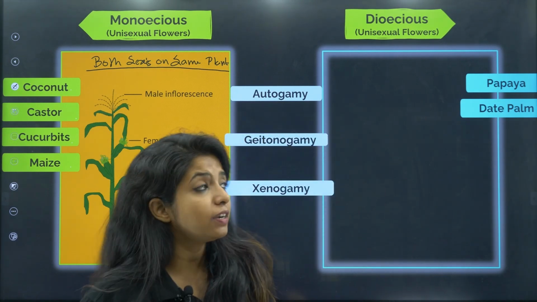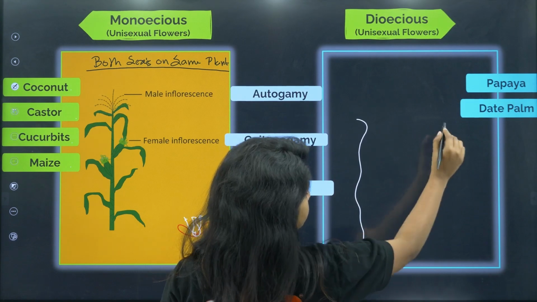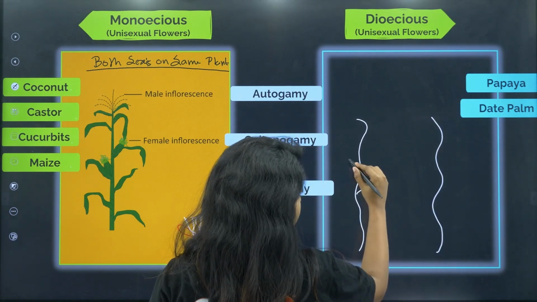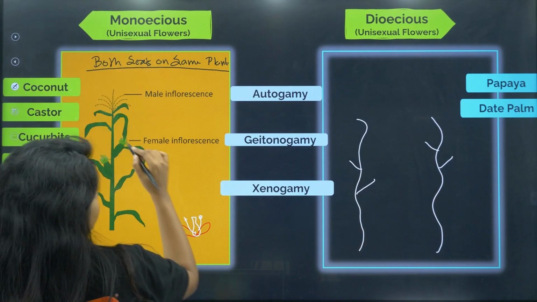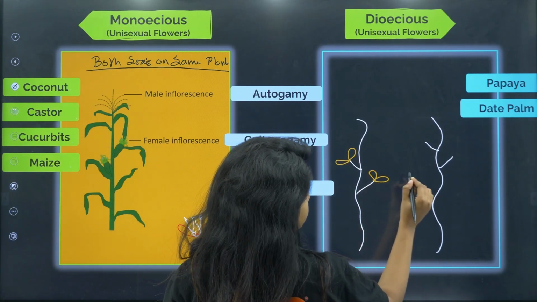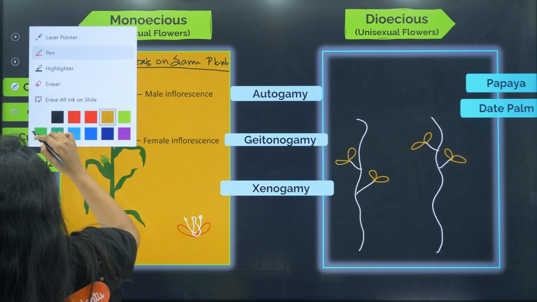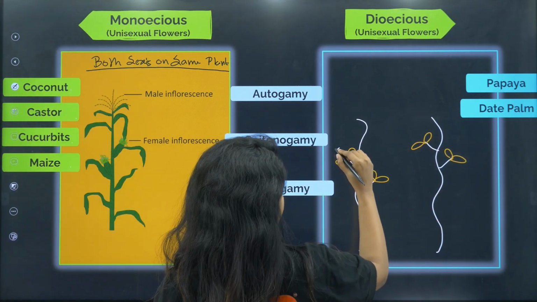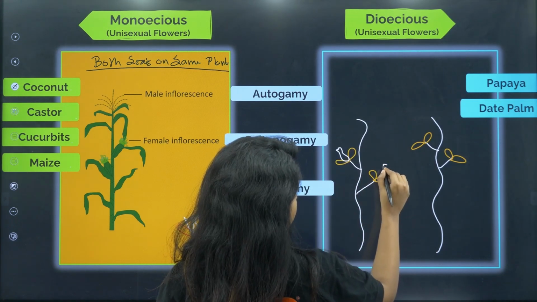Now, we talk about dioecious. Dioecious means basically you have two different plants, and both these different plants, children, will have different sexes. So, I make over here, I say that there is the pistil over here.